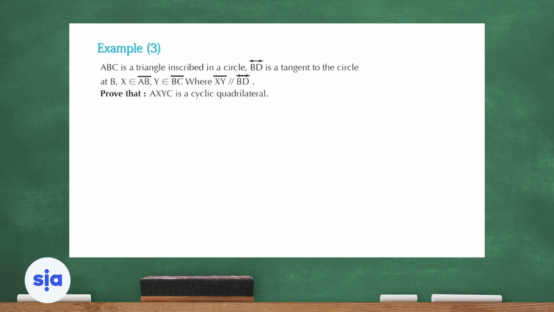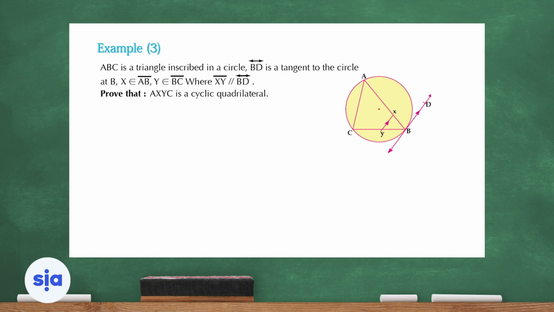Example 3. In this example, you will see that triangle ABC is inscribed in a circle, where BD is a tangent to that circle at point B. So point B is the point of tangency, where X belongs to segment AB and Y belongs to segment BC.